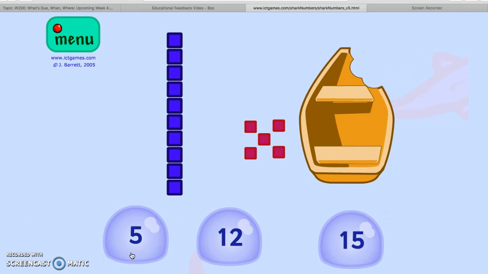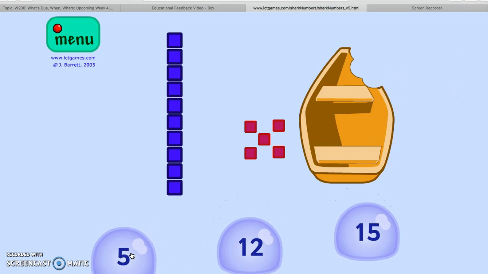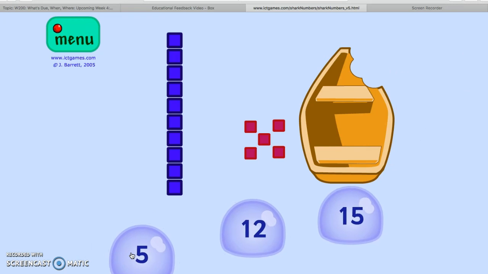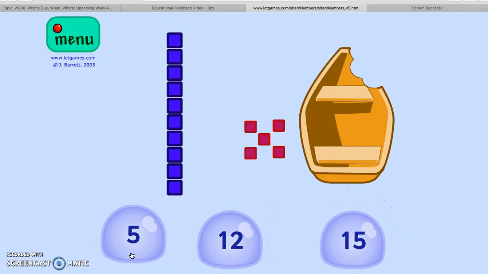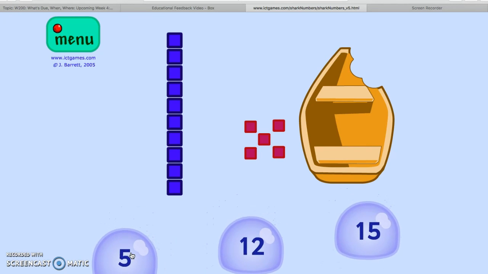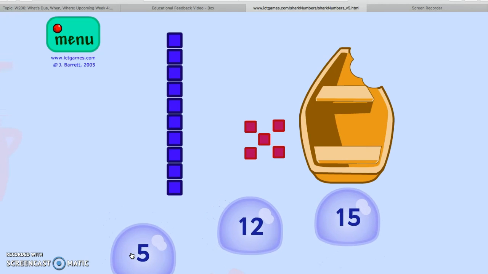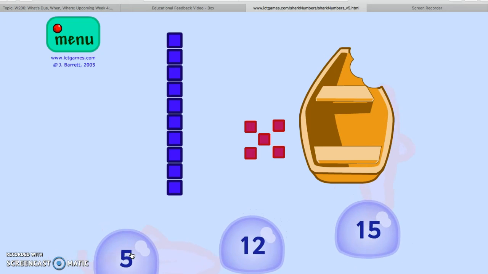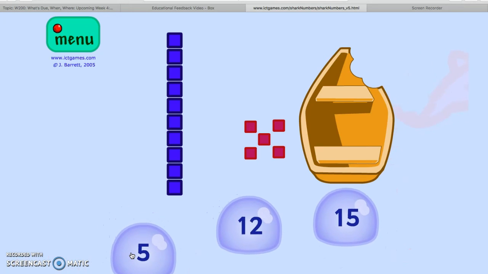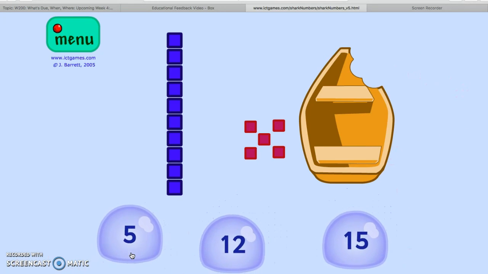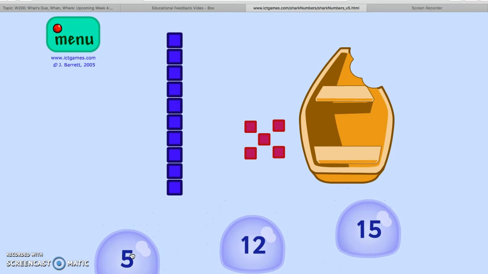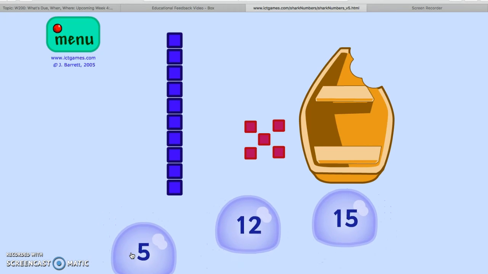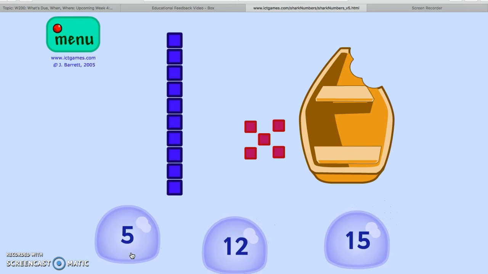So I could use this as a supplemental tool in the classroom. Perhaps it's part of a group of stations, and in one of the stations, they get to use our computers in the classroom and play the game for a little while. I could put a link to it on my class website, and the students could play it at home. I could assign it as homework, and the parents have to sign off and say they worked on it for 30 minutes or something along those lines.